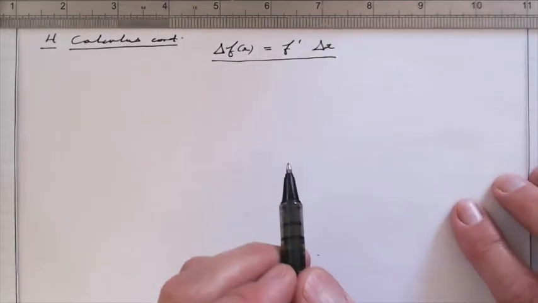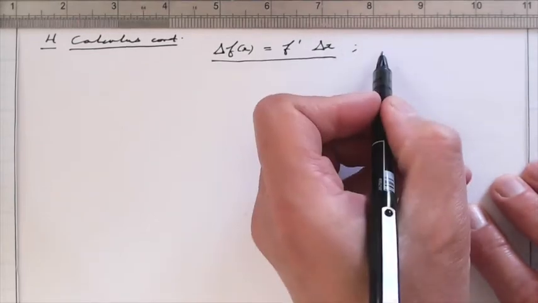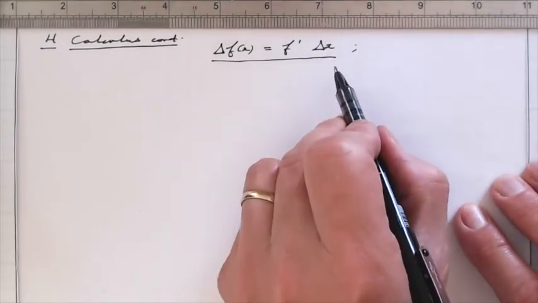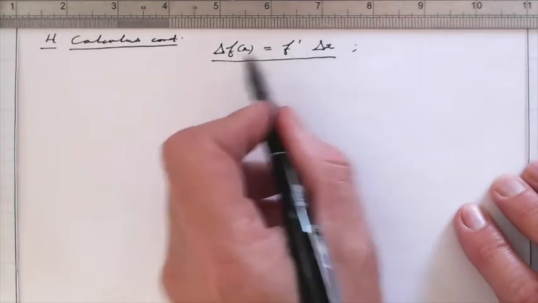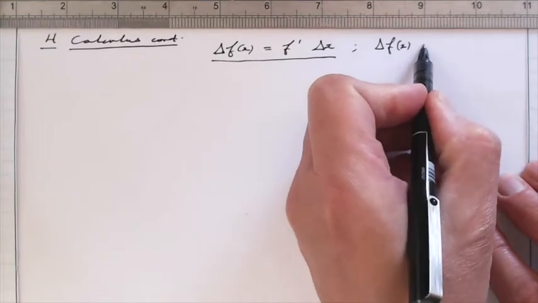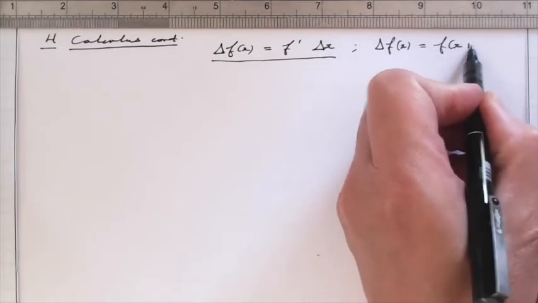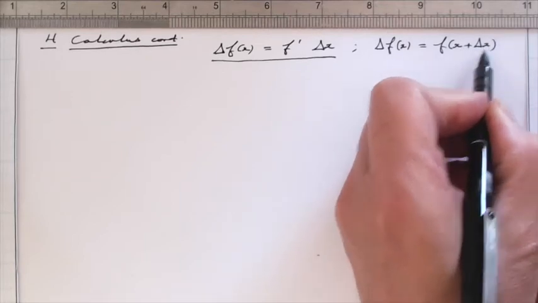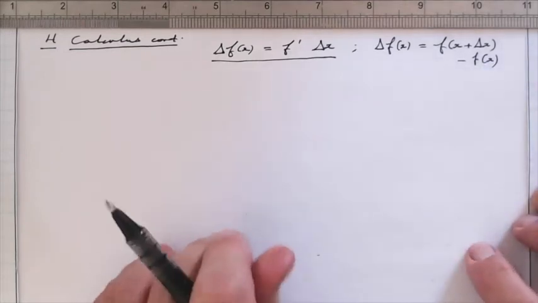Furthermore, graphically, we could see that if we considered a point x and a neighbouring point x plus delta x, then this change in the function naturally could be written as the function evaluated at the neighbouring point to x, take away the function evaluated at x.